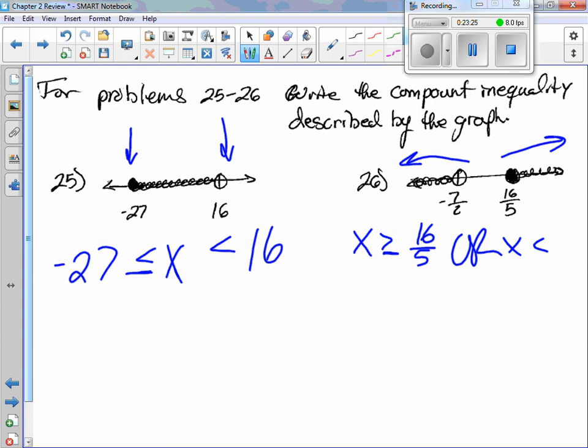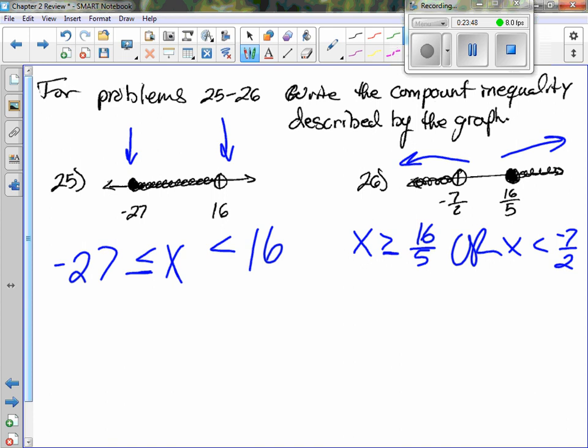And we would put greater than or equal to because at 16/5 the circle is closed, so it would be equal to. Now x is less than -7/2, and we wouldn't put equal to because the circle is not filled in. Any questions on this here?